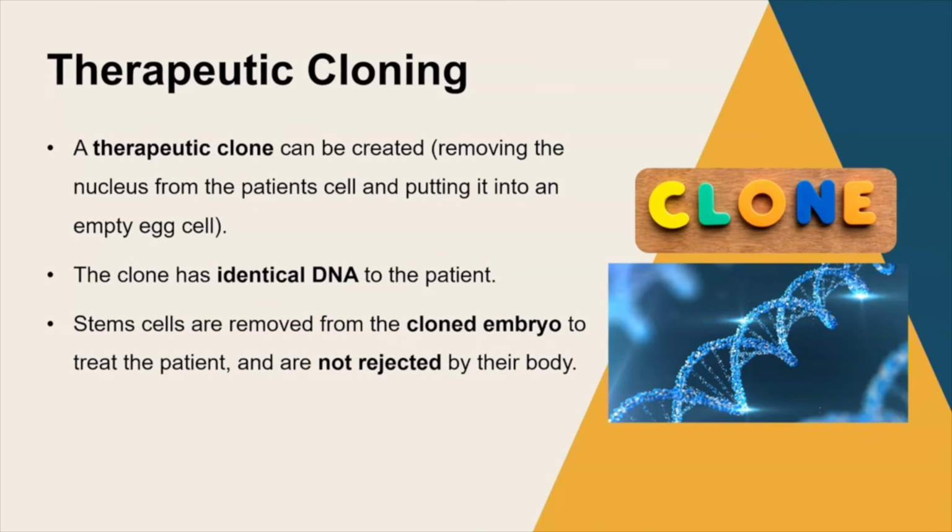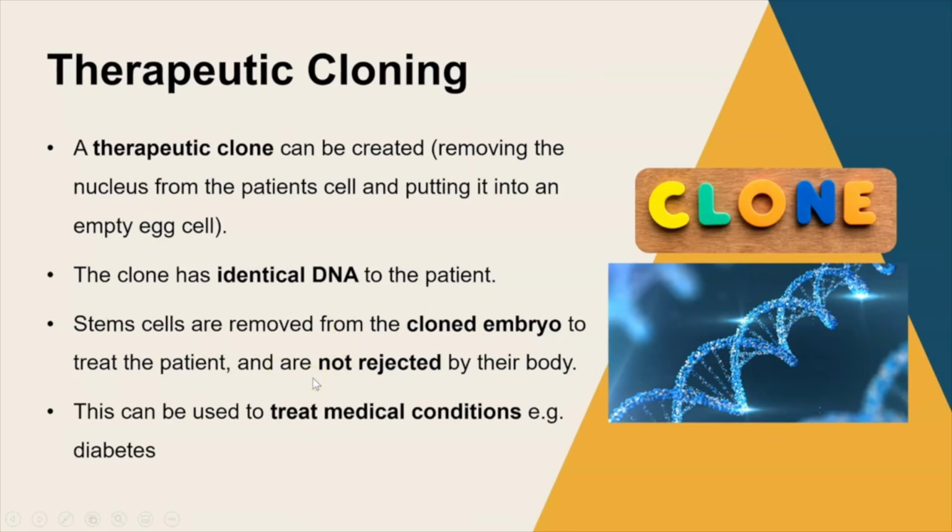The stem cells are then removed from that cloned embryo, and they can then be treated with particular hormones and chemicals so that the cells will differentiate into particular specialized cells. That can then be used to treat whatever the disease is, and the patient's body won't reject those cells because they're a clone of their own. So this could be used to treat medical conditions like diabetes.